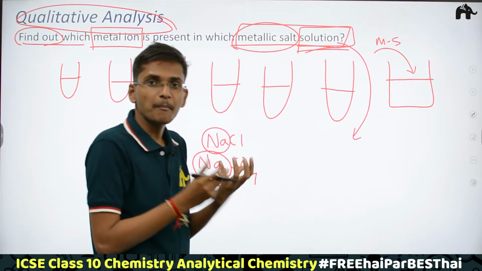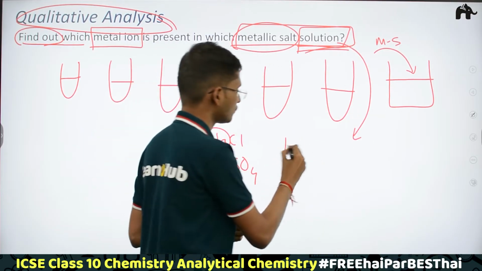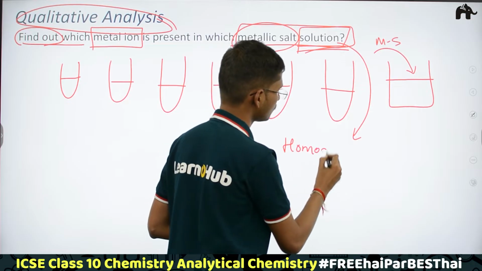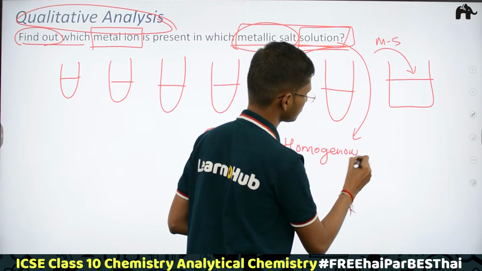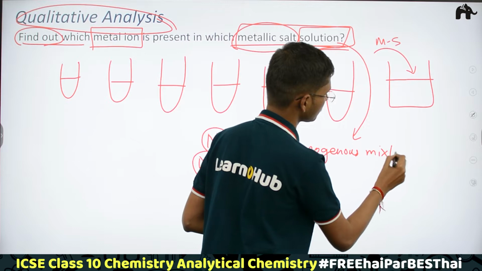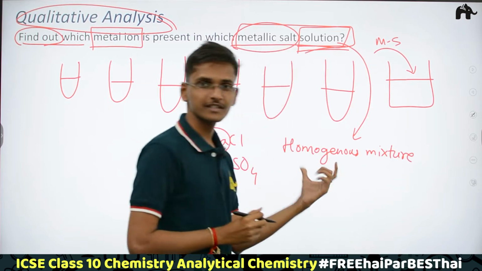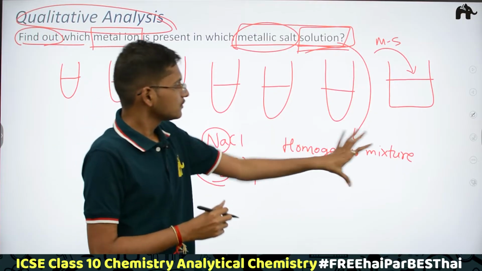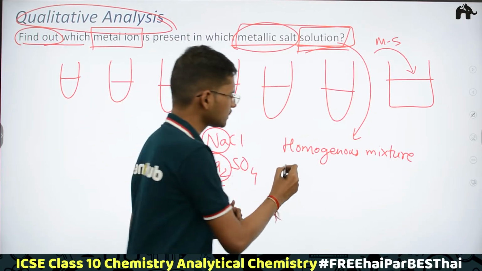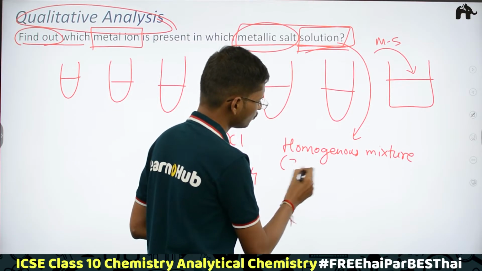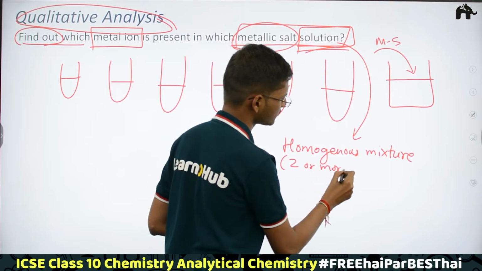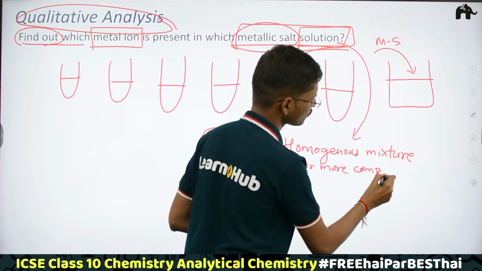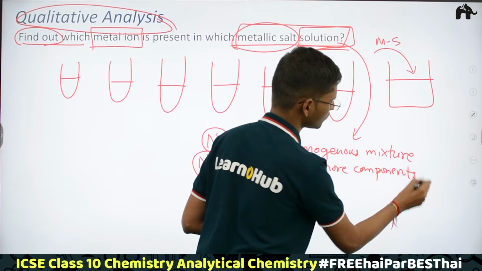But what actually is a solution? A solution is simply a homogeneous mixture. Not that genius, it's a homogeneous mixture. This solution is a homogeneous mixture of 2 or more components.